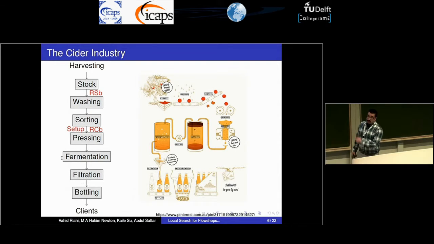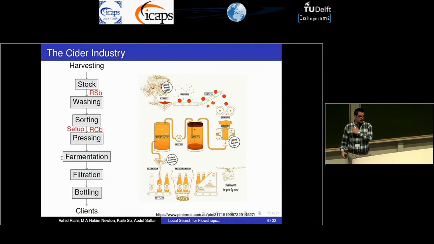In this paper, we consider the cider industry, which is one of the important industries in Australia, and we see that in this industry, and maybe some other industries that we don't know yet, there are new constraints for the flowshop.